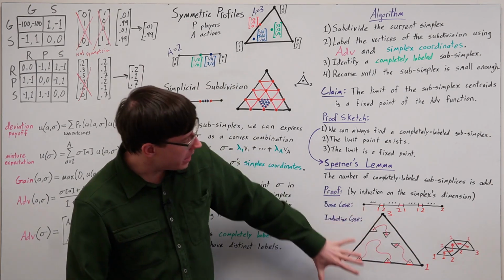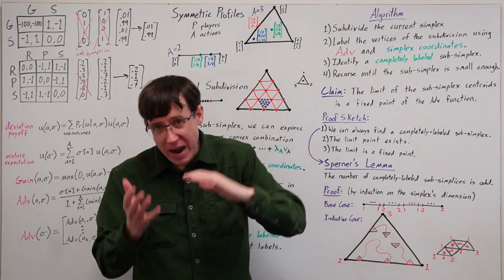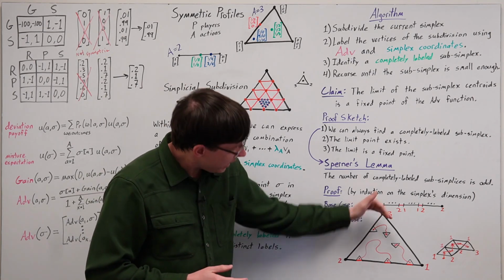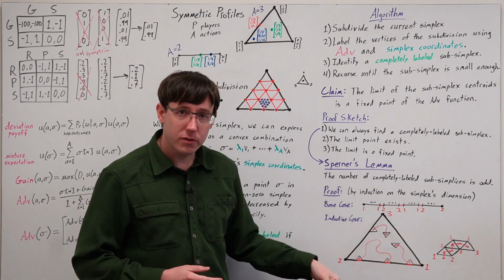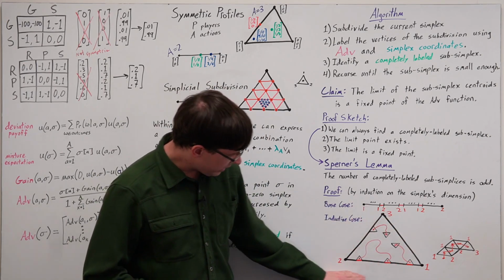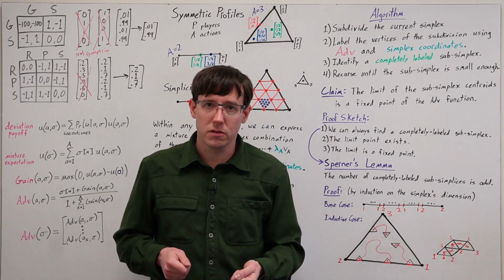So if we have an n+1 dimensional simplex, the boundaries of that simplex must be n-dimensional simplices. Here our simplex in 3 dimensions has edges that are simplices in 2 dimensions.